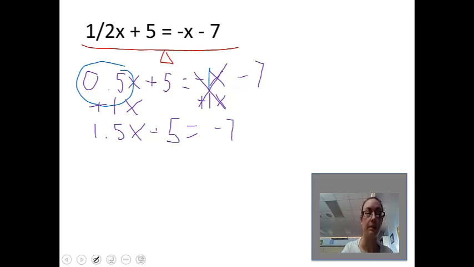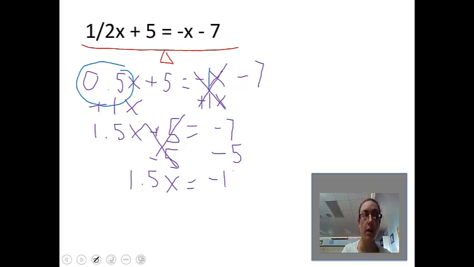Now I need to bring my numbers all over to the right side. So the opposite of addition is subtraction. I'm going to subtract 5 from both sides. These cancel. I have 1.5x equals negative 12.